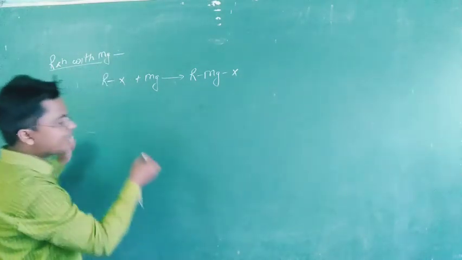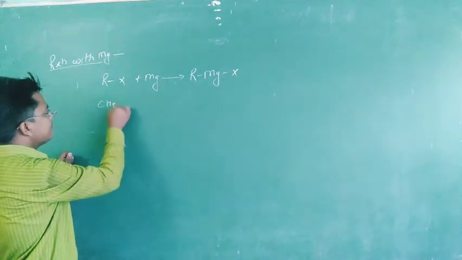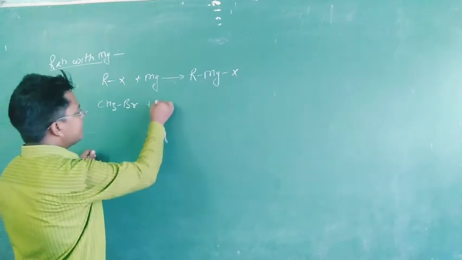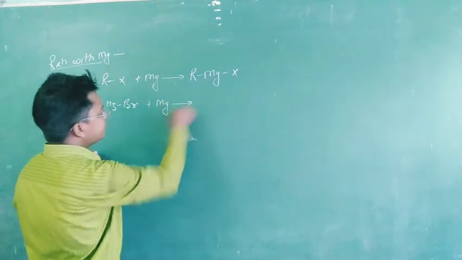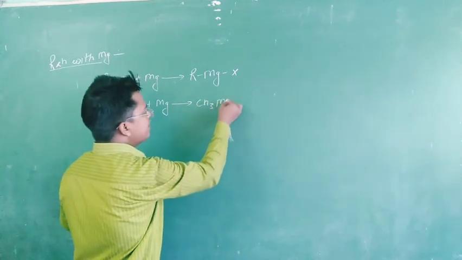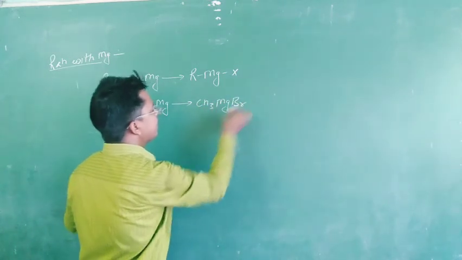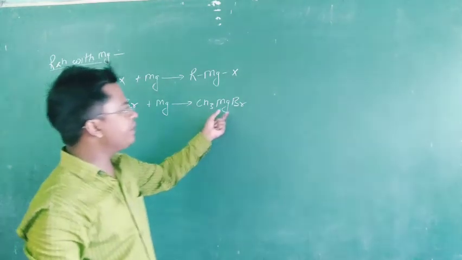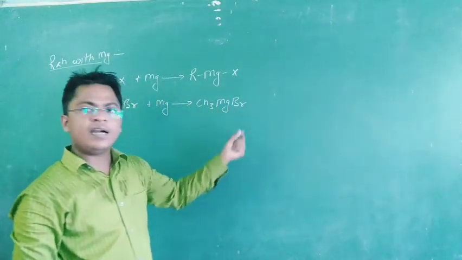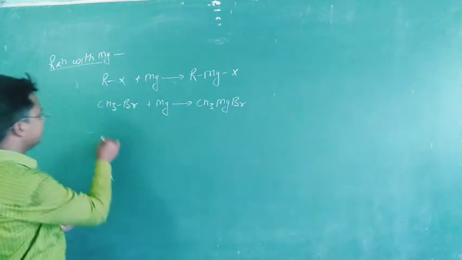Okay, let's have some other reaction. Suppose we have CH3Br and it reacts with magnesium, there will be CH3MgBr. Methyl magnesium bromide is formed. Its general name is Grignard reagent. Let's have some other reaction.